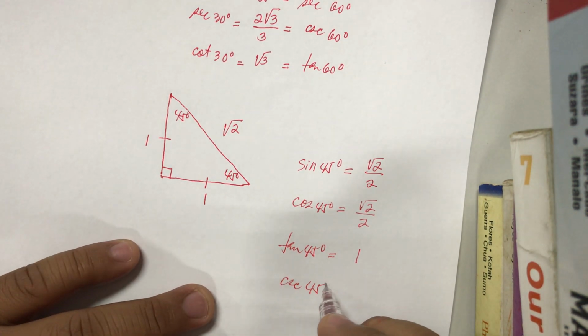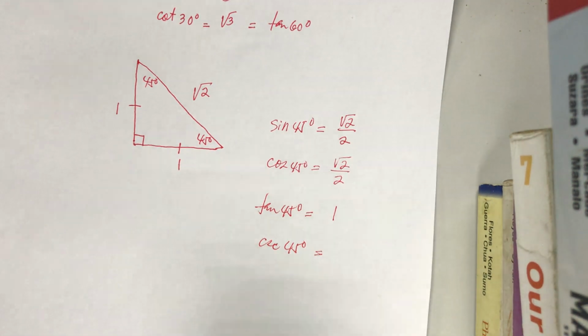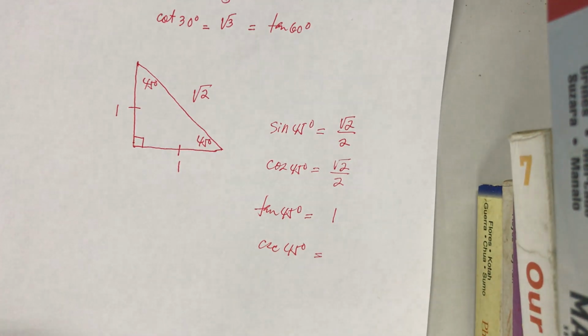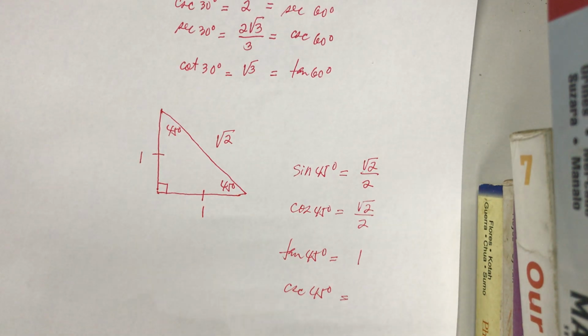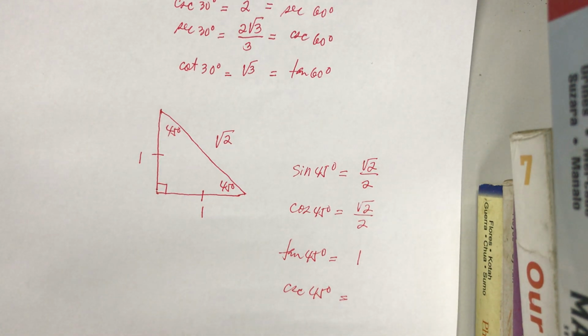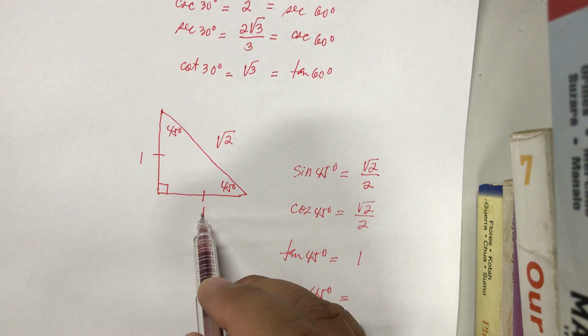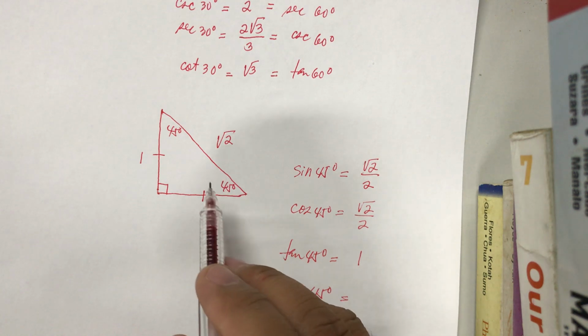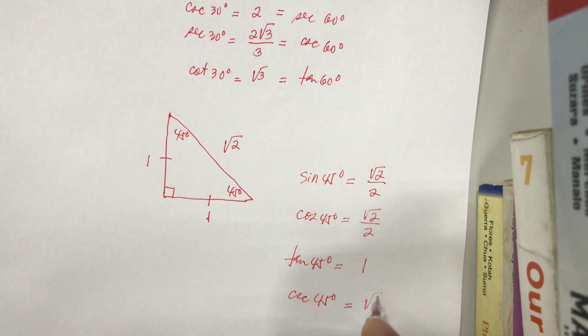Cosecant 45 degrees. Cosecant is the reciprocal of sine. Since sine is opposite side over hypotenuse, 1 over square root of 2, cosecant 45 degrees is square root of 2.